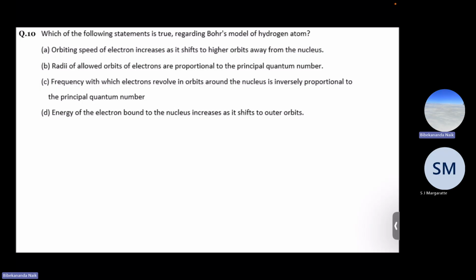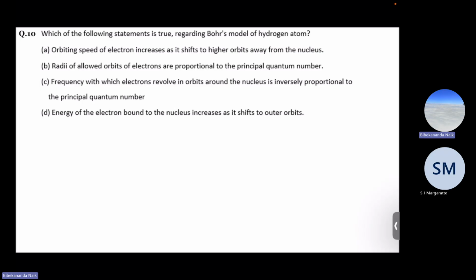Question number 10 says, which of the following statements is true regarding Bohr's model of hydrogen atom? Option A, orbiting speed of electron increases as it shifts to higher orbits away from the nucleus. Option B, radius of allowed orbits of electrons are proportional to the principal quantum number. Option C, frequency with which electrons revolve in orbits around the nucleus is inversely proportional to the principal quantum number.